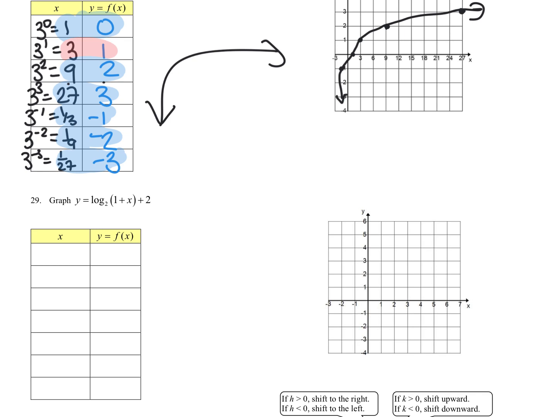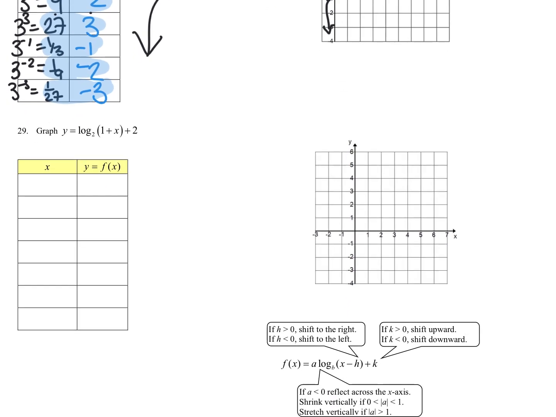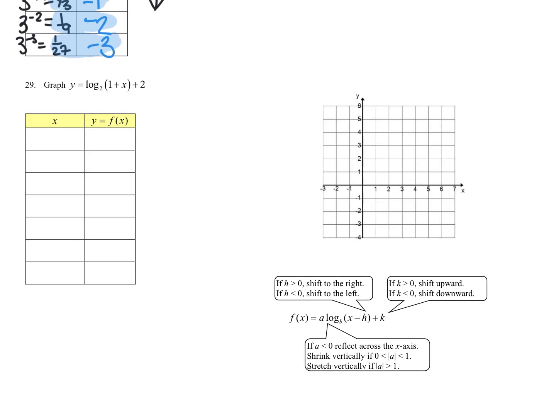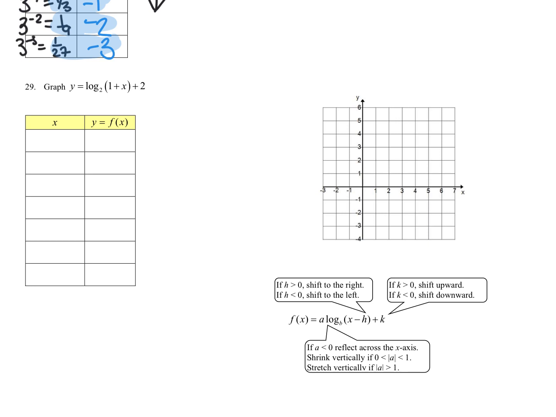Okay, so let's try another one. What we can do is actually apply transformations of logs to help us. So this is not really new. You've seen it in the past. You saw it when we had transformations, and you also saw it with exponential functions as well. So all the transformations that we've learned still occur here.